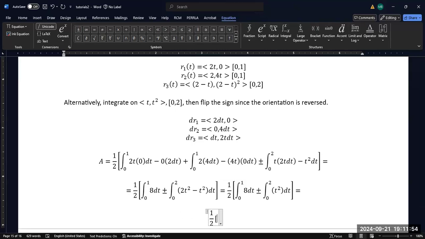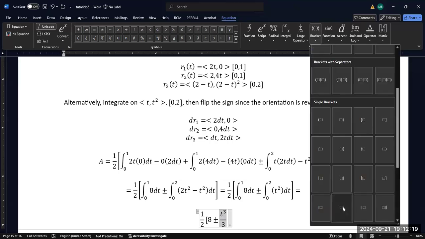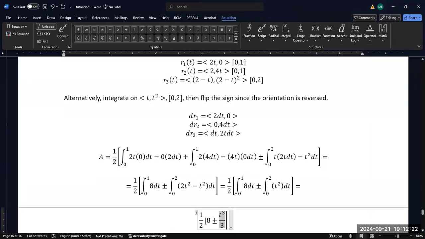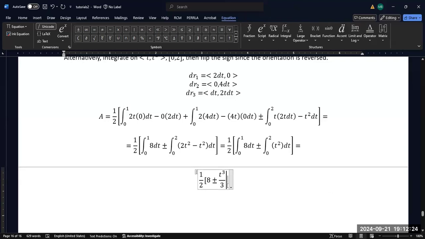If I integrate 8, I get 8t, and then I plug in my limits, I get 8, and then we'll check the signs here. This one is going to become t cubed over 3, and I'm going to plug in, just on this term, my 0 and 2.